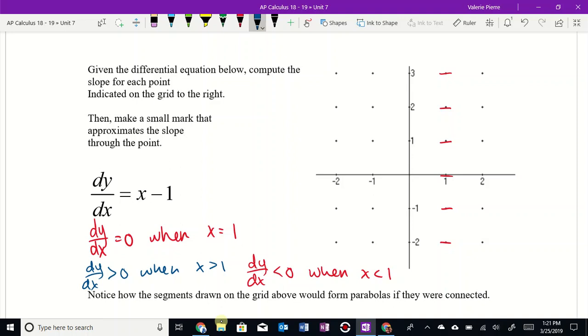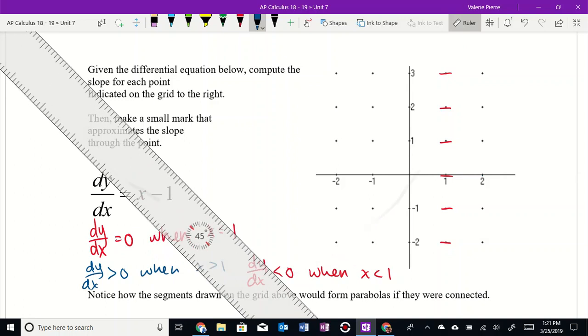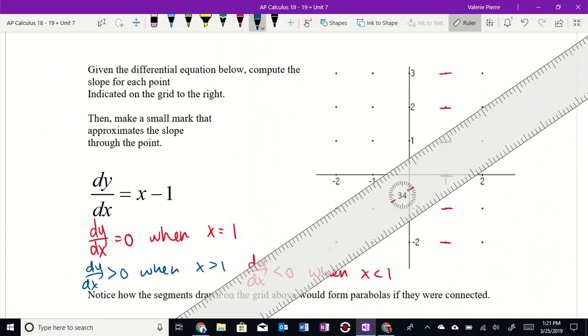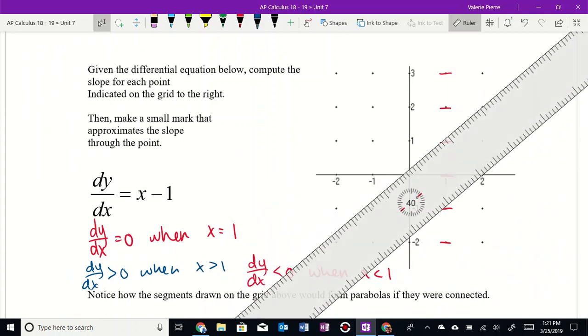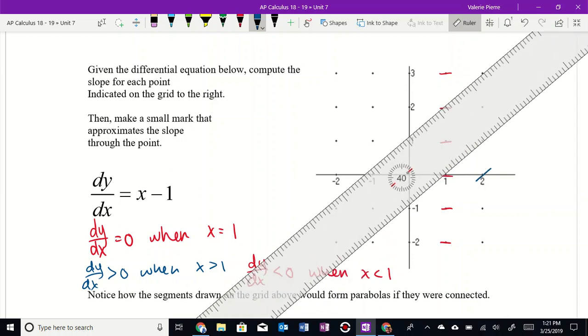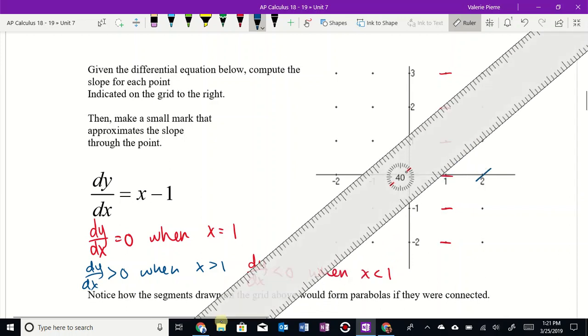So that means the slope of my graph at 2 is going to be 1. So I can be accurate about it and make a small tick mark at 2 for a slope of 1. And if I look, there's no y variable over here, so all of my x's at 2 will have a slope of 1.